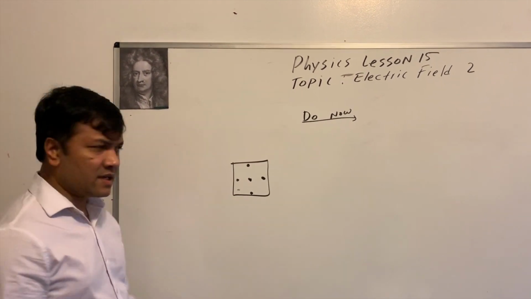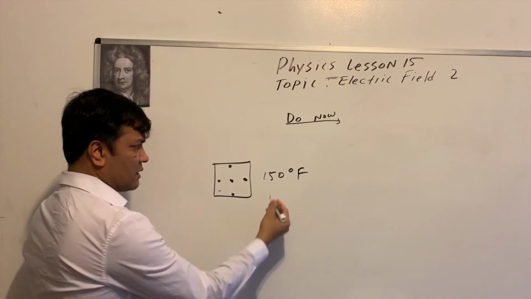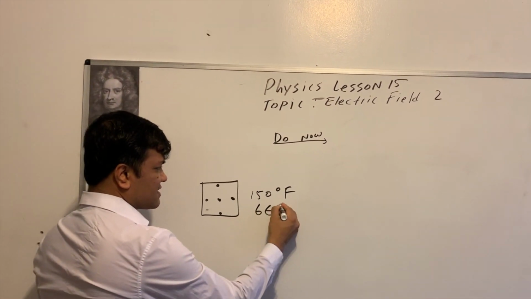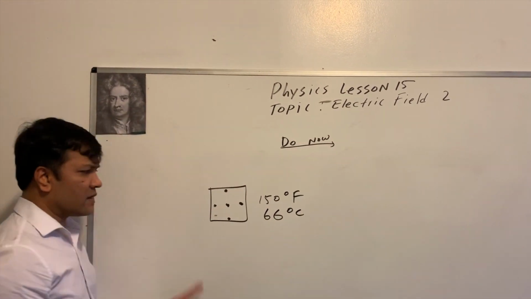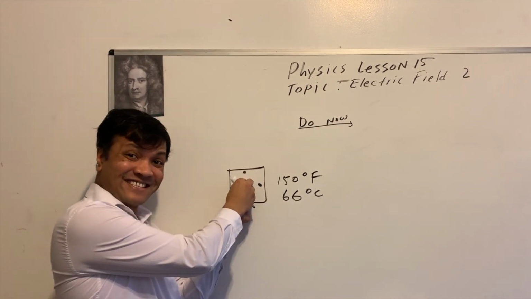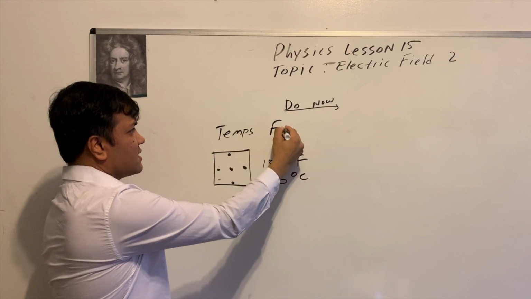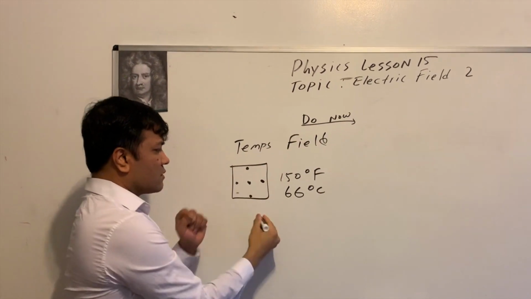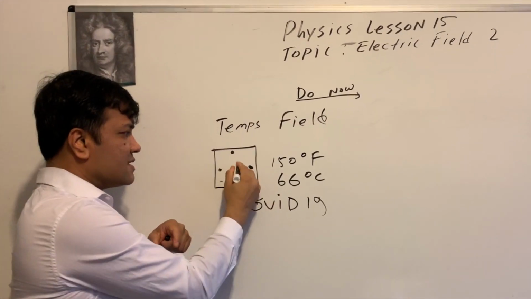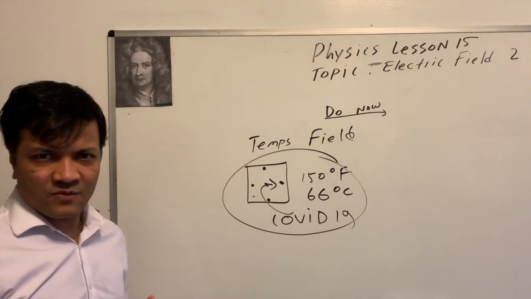Well, if the field has 150 degrees Fahrenheit, maybe 66 degrees Celsius, then the coronavirus will die. If you place coronavirus inside this temperature field, the coronavirus will die. So that's what the temperature field can do.